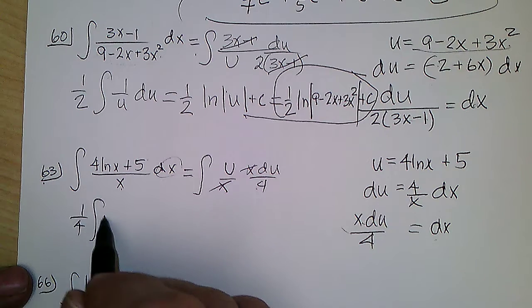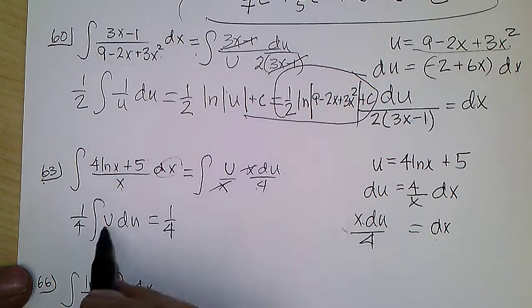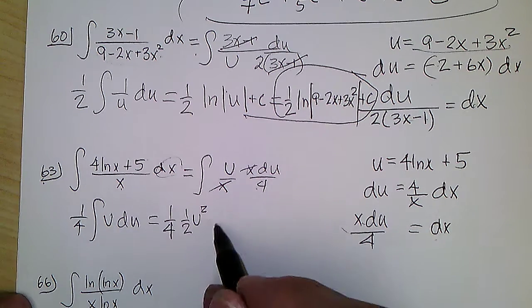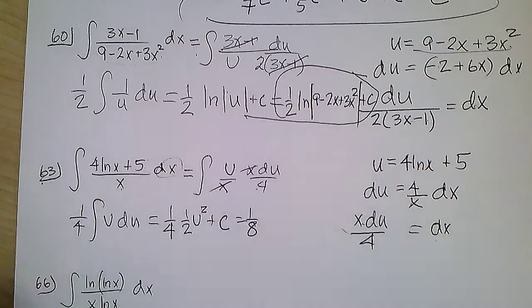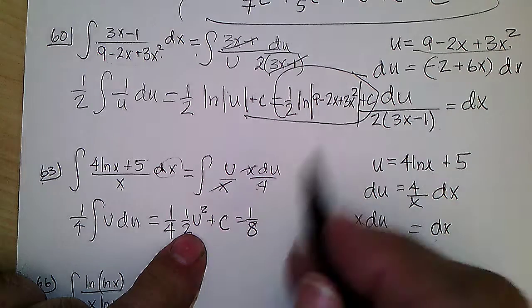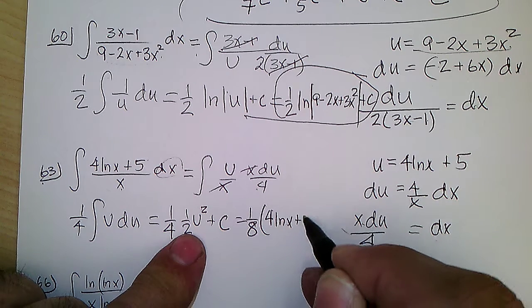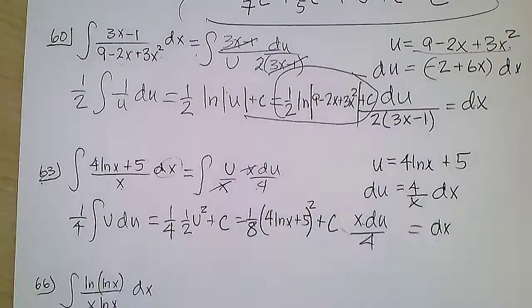Integral of u du, which is 1/4, that would go to 1/2 u squared plus c. So we got 1/8 (4 ln x plus 5) squared plus c.